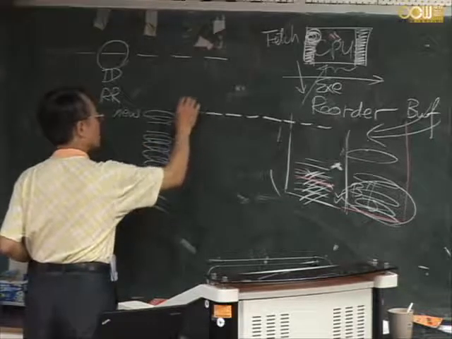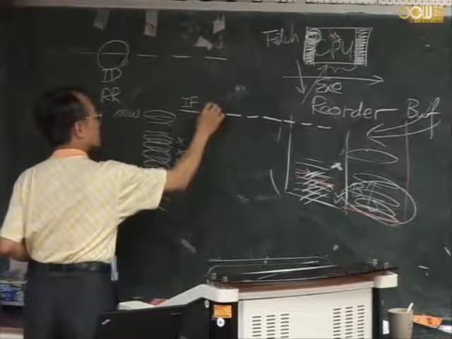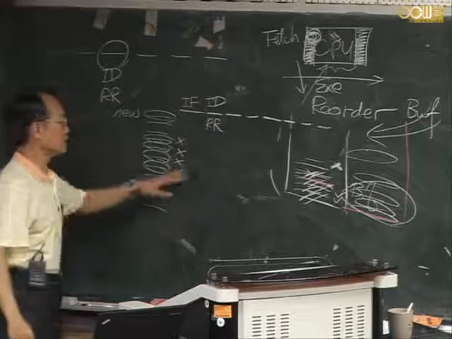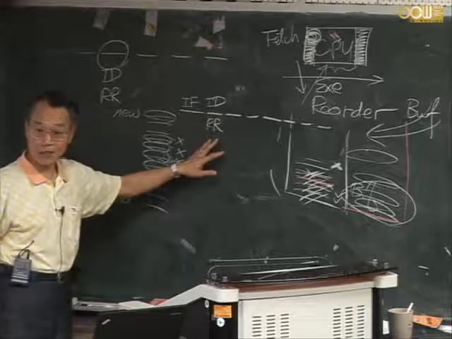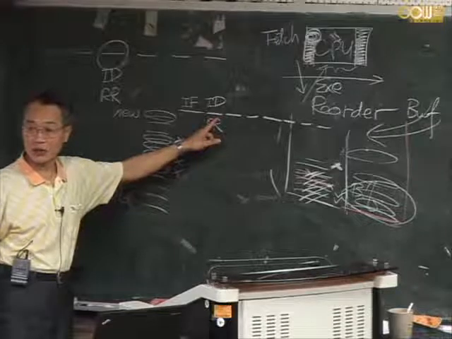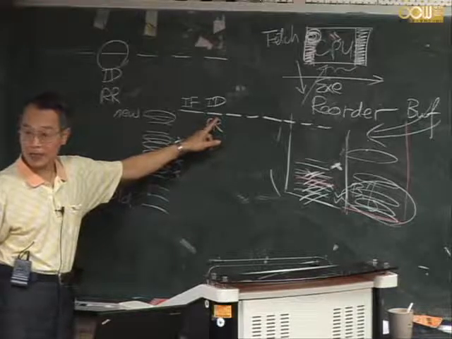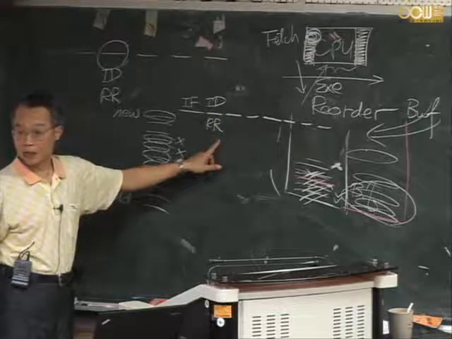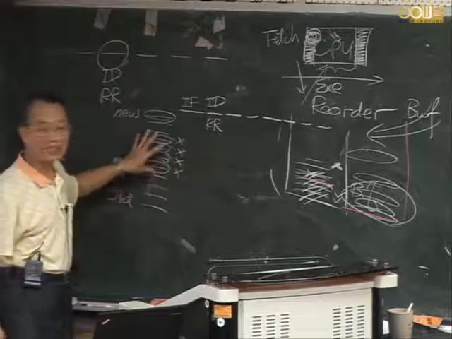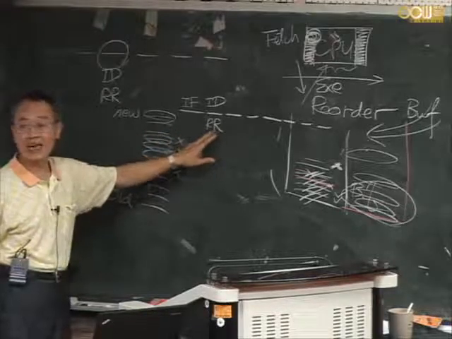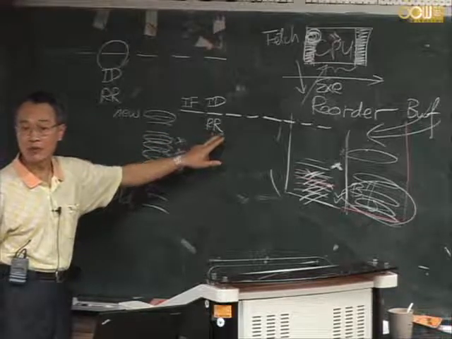Suppose first we fetch. This is still the same. Suppose we do instruction decode and register read. This is still the same. Okay, can we decode this instruction and recognize what it wants to do? Yes, we can. But can we read registers? Maybe not, because there are still pending instructions. So we cannot read right away. We may need to wait.